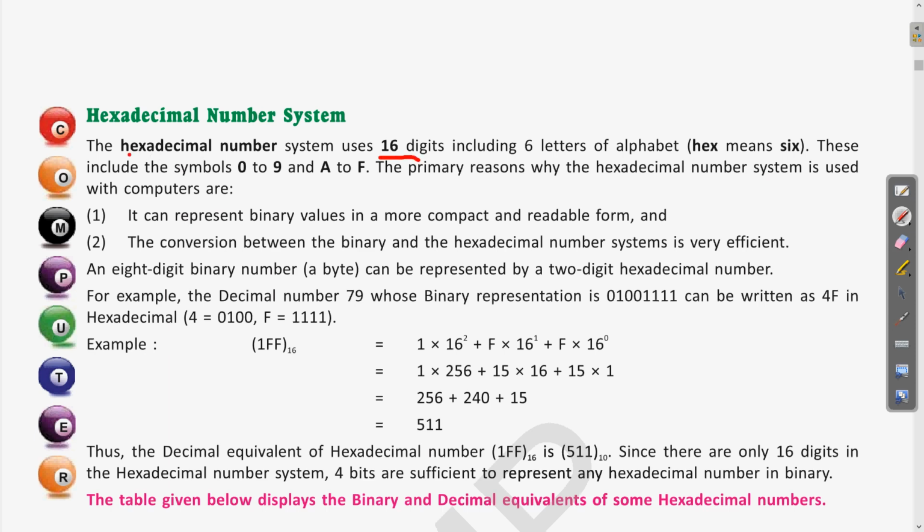We have seen earlier in the decimal number system that deci denotes 10. So hexadecimal means 16. Clear? So what are the 16 digits we are using?